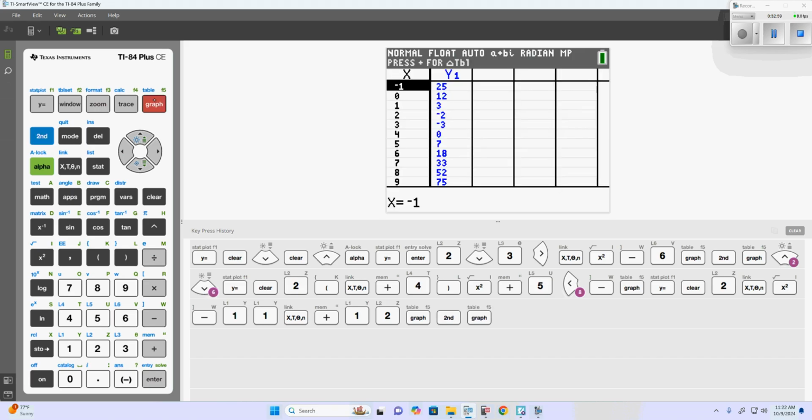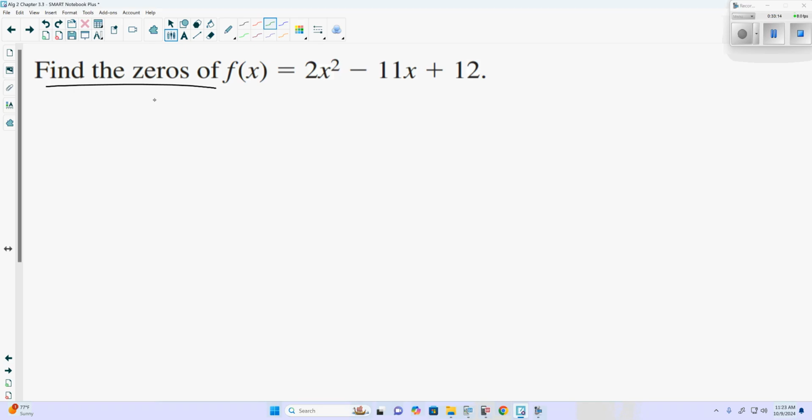Well, it gave us 4, because 4 is the value of x that makes the function 0, but it didn't give us another one. It only gave us 1. So that is nice, because we do know one of the two answers. But we're going to have to factor it to find the other.